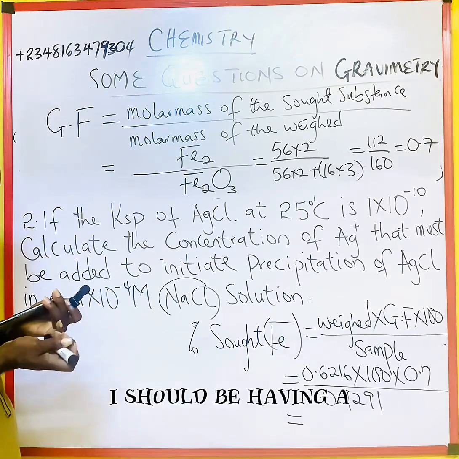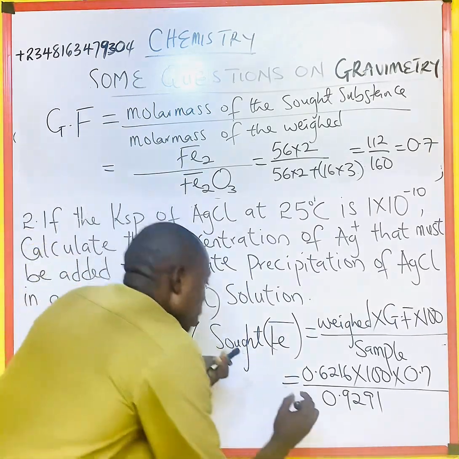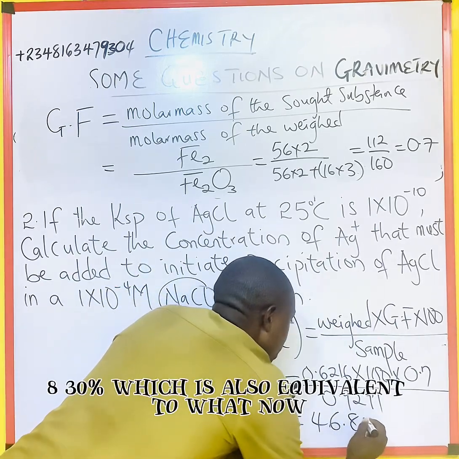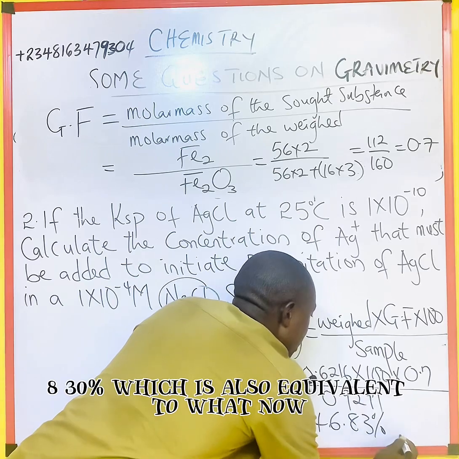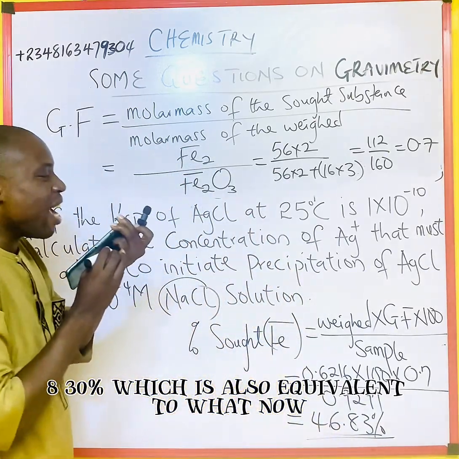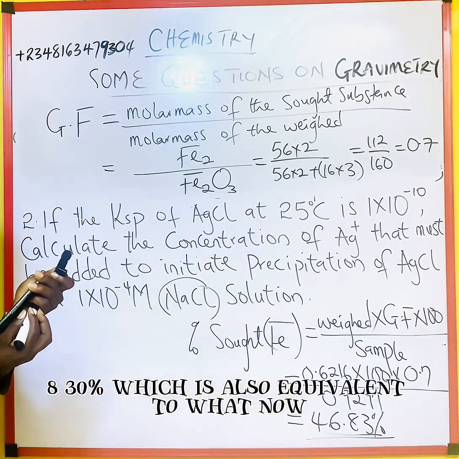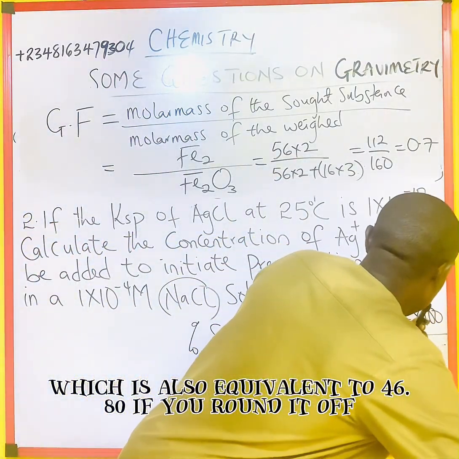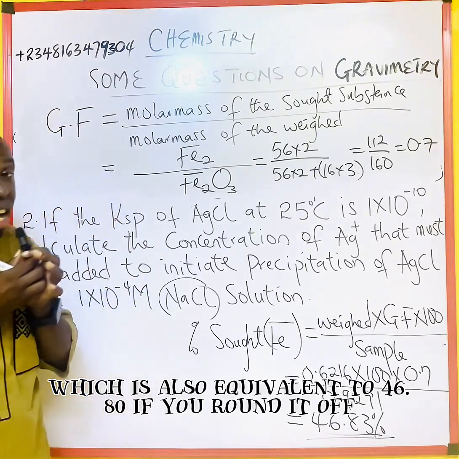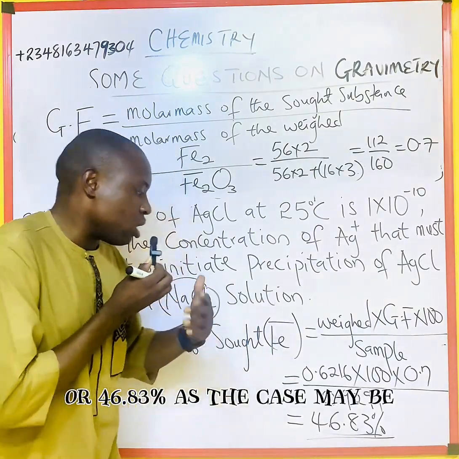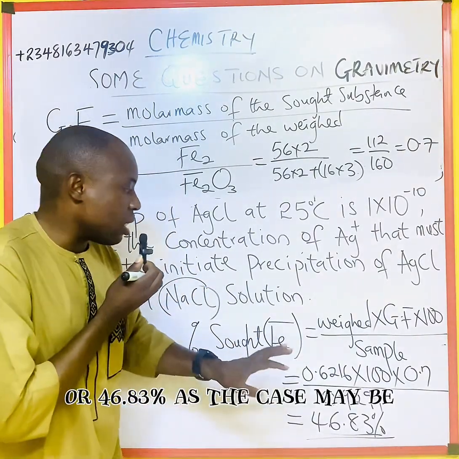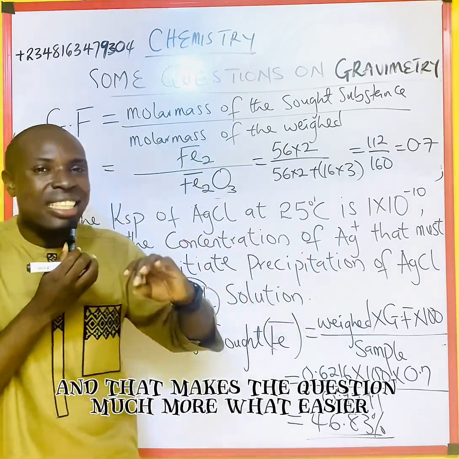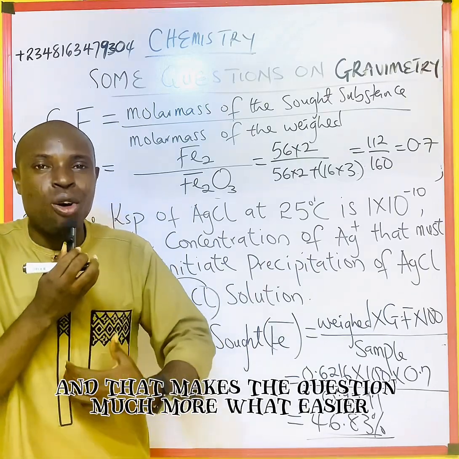So at the end of the day, when I use my calculator to solve it, I should be having 46.83%, which is also equivalent to 46.80 if you round it off, or 46.83%, as the case may be. So you have to just observe what I've just done here, and that makes the question much easier.